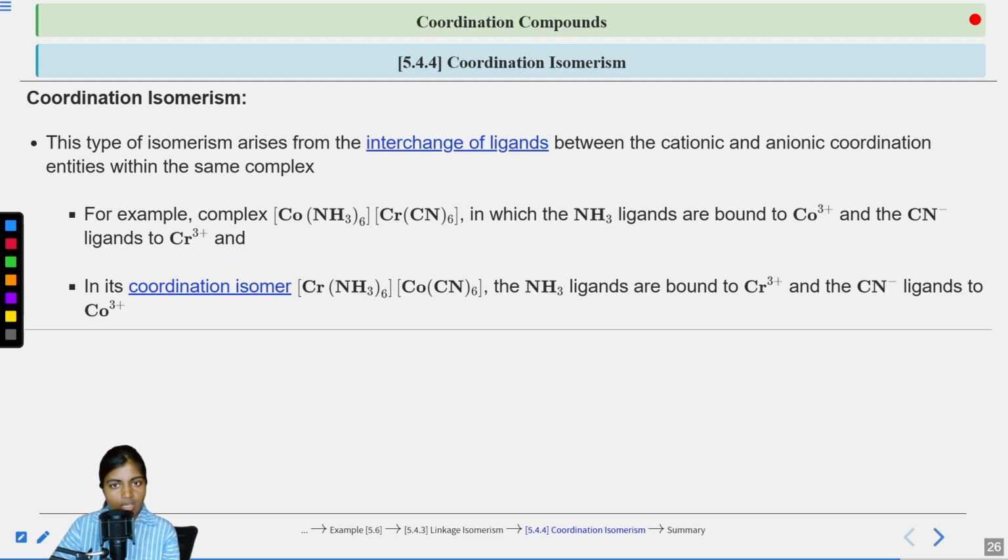So if this is the initial complex, its coordination isomer will be in this form, where the interchange of ligands happens between the cationic and the anionic coordination entities within the same complex. This is how coordination isomerism can be shown by a complex.